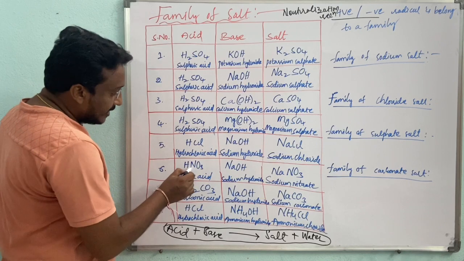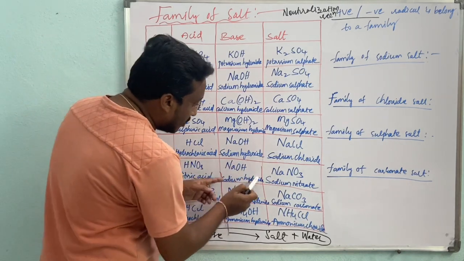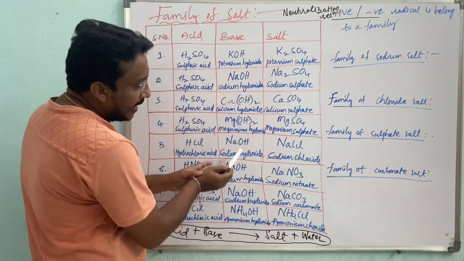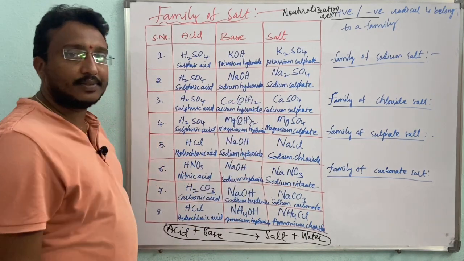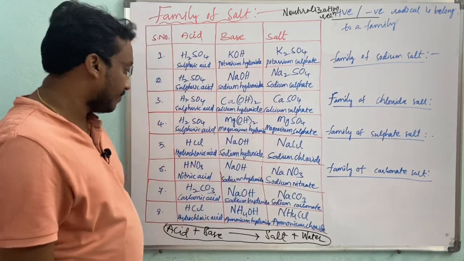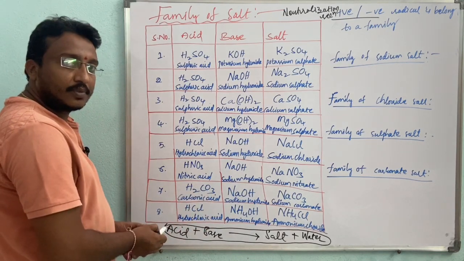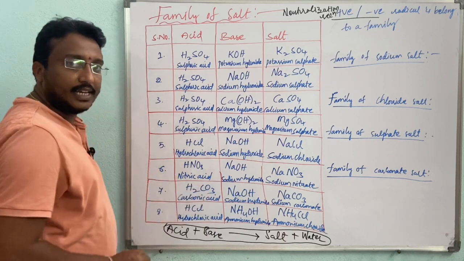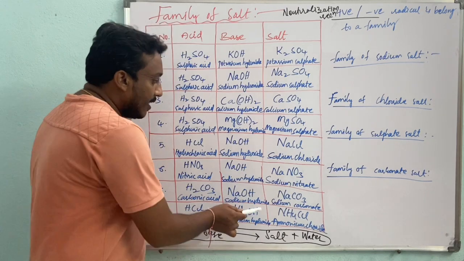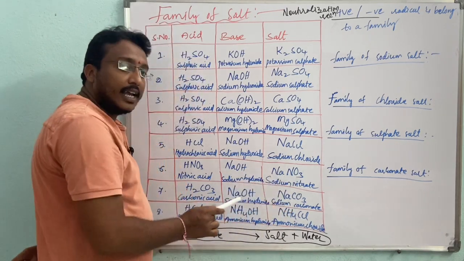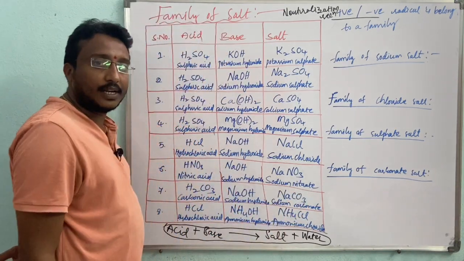Next, nitric acid HNO3 reacts with sodium hydroxide and gives sodium nitrate, NaNO3, a salt. In the next example, carbonic acid H2CO3 reacts with sodium hydroxide NaOH and we get sodium carbonate.